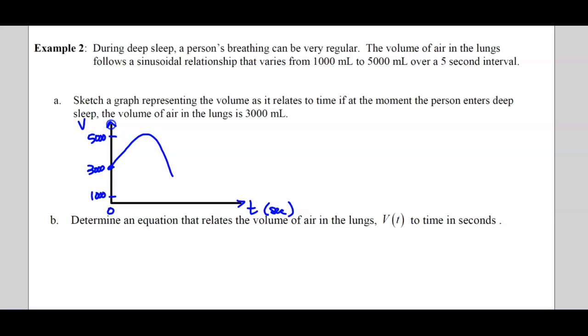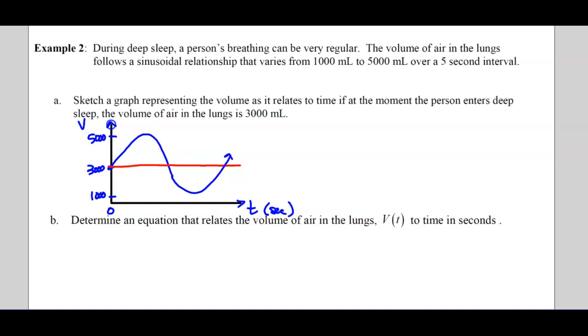So I'm actually going to draw a midline here to help me. Remember, this is a sketch, so it doesn't have to be perfect. So now I'm going to go down to 1,000 and up. That's not bad. I'm just going to do one cycle.